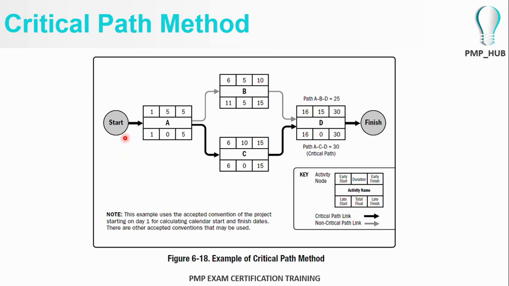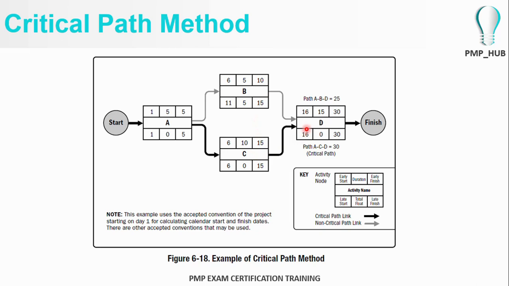From the start of the project, there is an activity A, and after activity A, there are two activities that can start in parallel, activity B and activity C. Activity D is waiting for the output of activity B and activity C to commence.